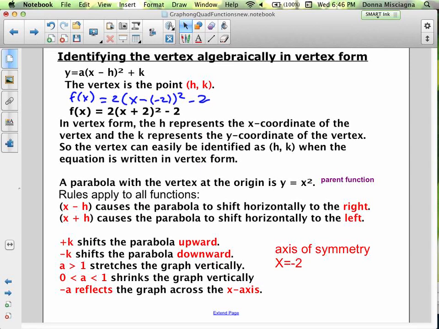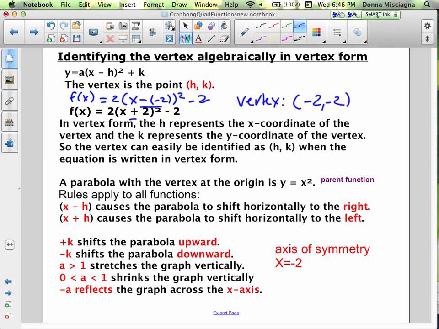So when we plugged in -2, minus a -2 becomes a plus, and our vertex is the point (-2, -2). In vertex form, the h is the x-coordinate and the k is the y-coordinate. Just remember, the sign is going to be the opposite for the h, because there's already a negative there.